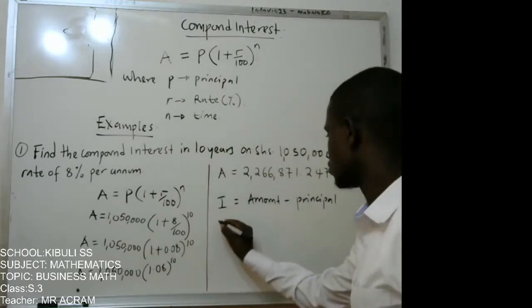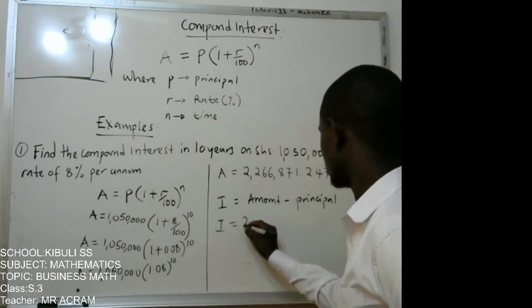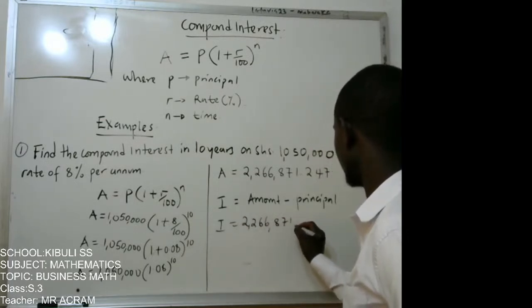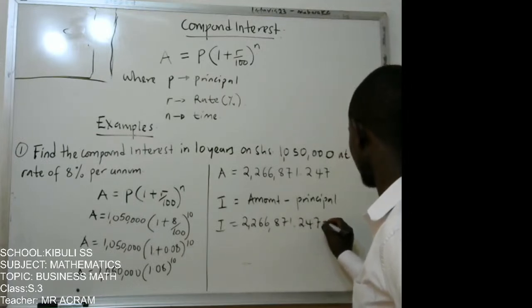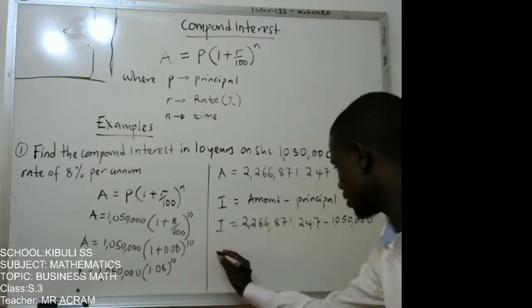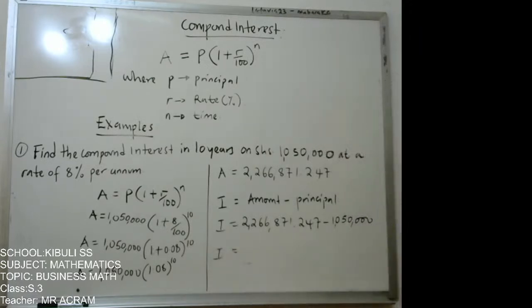So the interest will give us 2,266,871.247 minus the principal. What do we get as the interest? Tell me the interest.